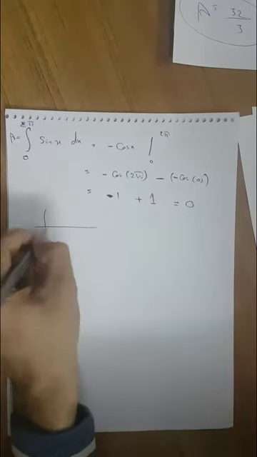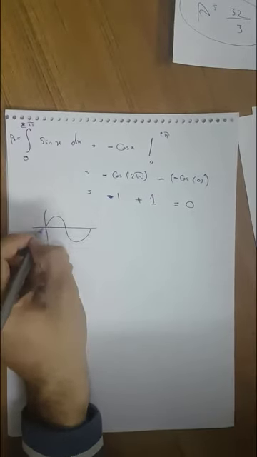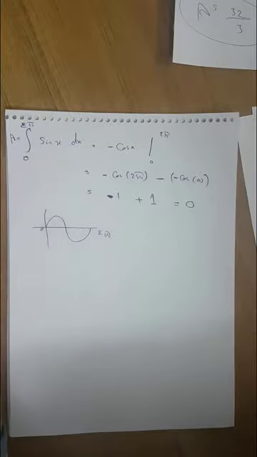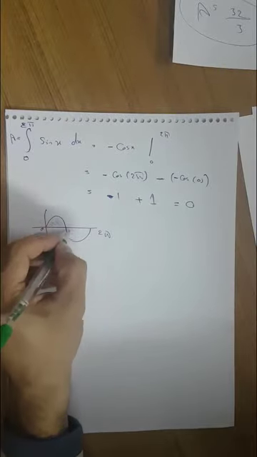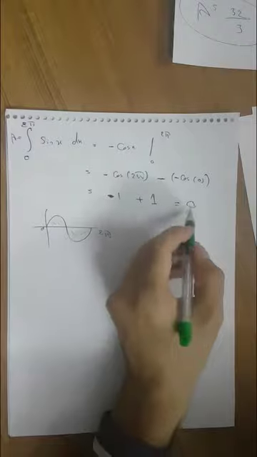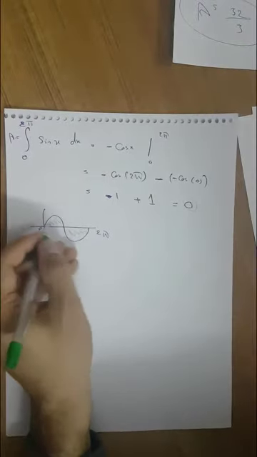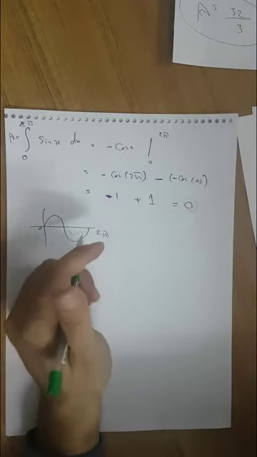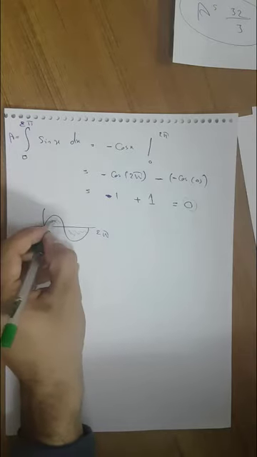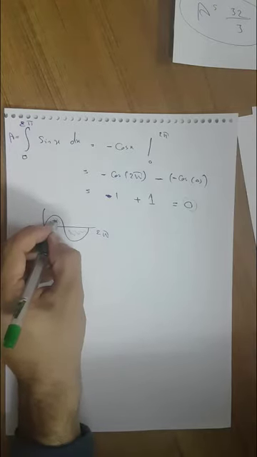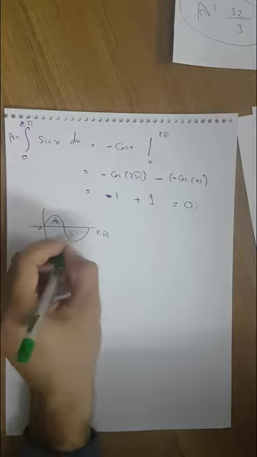But sine from 0 to 2 pi should take the whole area. What happened? Why did we get 0? Because there is an area, so where did it go? It's not going anywhere. This positive part A1 is equal to A2.